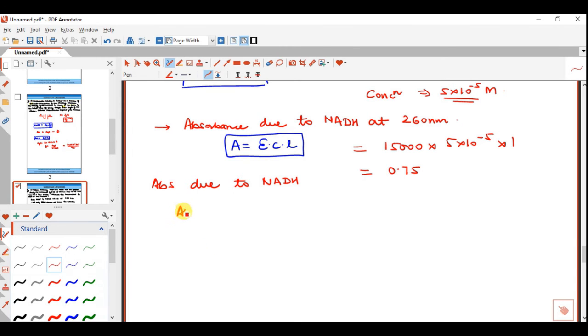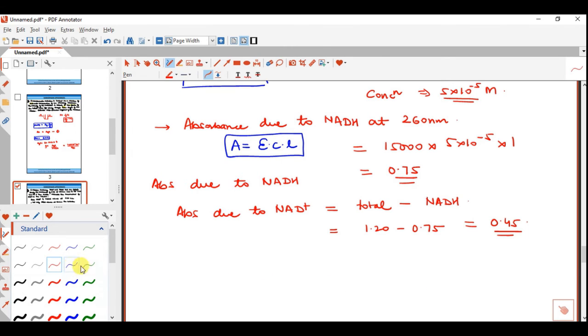The absorbance due to NAD plus would be the total minus the absorbance because of NADH. So we know the total absorbance was 1.20, and you subtract the absorbance that you just got, that is 0.75. So it would be 0.45. This is the absorbance because of NAD plus.